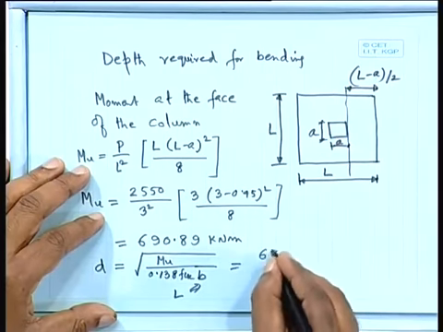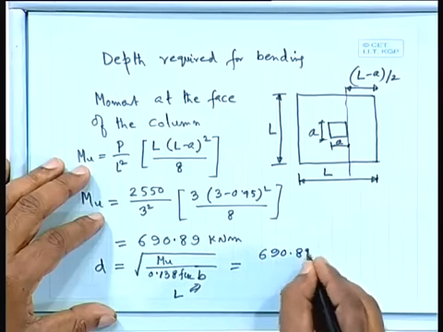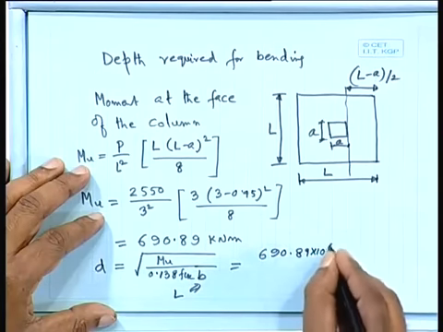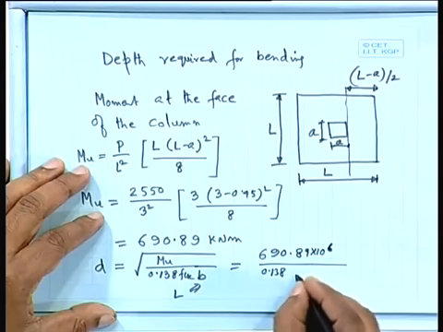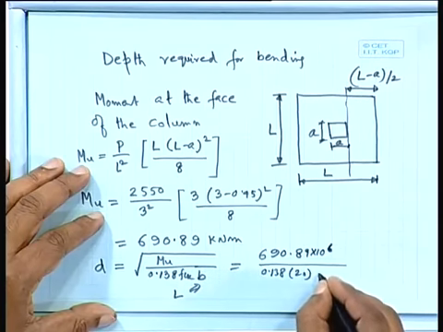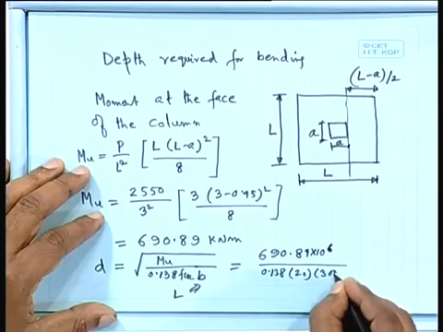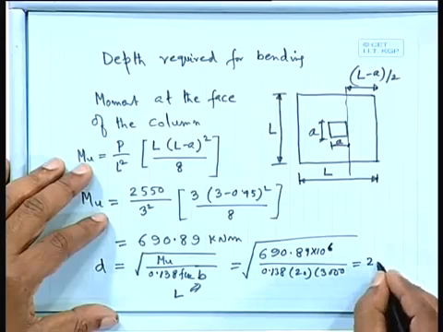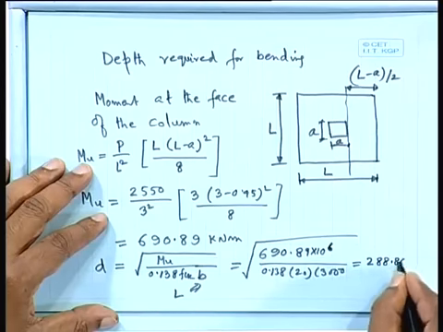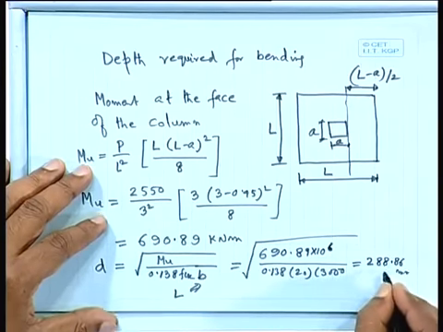So 690.89 into 10 to the power 6 divided by 0.138 times 20 times 3000, which comes as 288.86. You can understand that it is very less.